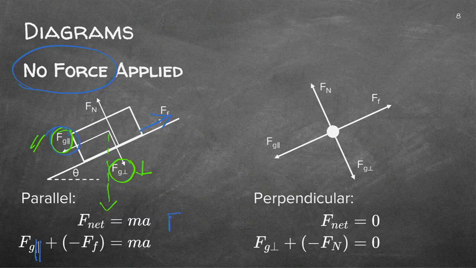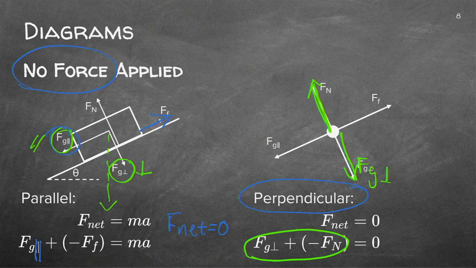So the F net in this case would be equal to 0. And then perpendicular, it's exactly the same as all the previous ones. We've got the normal force going upward from the slope and the perpendicular component of the gravity. And that again will give me my signs, and I know there's no movement, therefore my net force is 0.